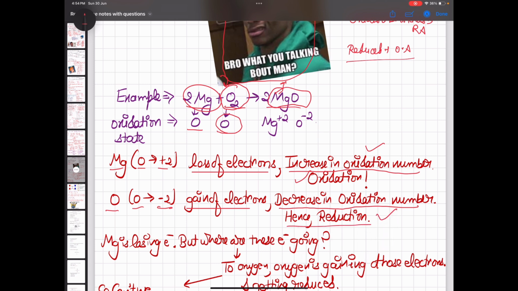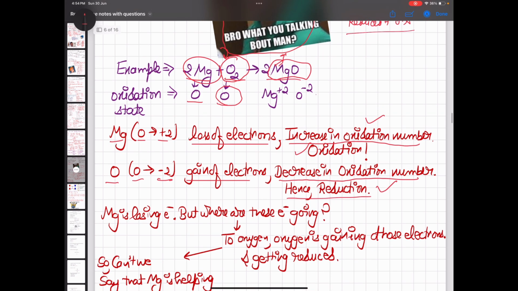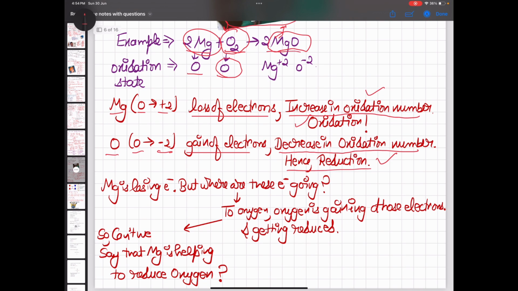Now, the twist of oxidizing agent and reducing agent, how to identify these? Pay attention carefully. Now understand this point. Magnesium is losing electrons. We have already written this here. What is new? Magnesium is losing electrons. Now just think about this.